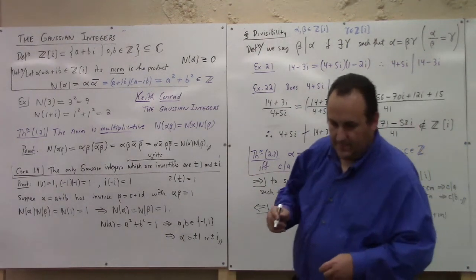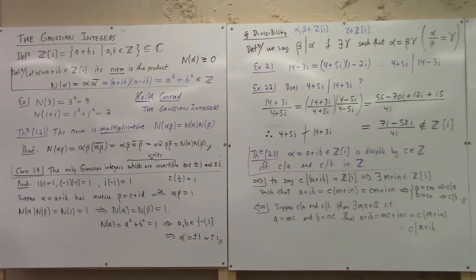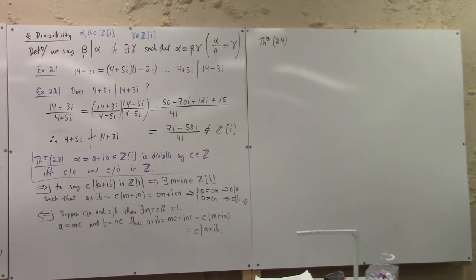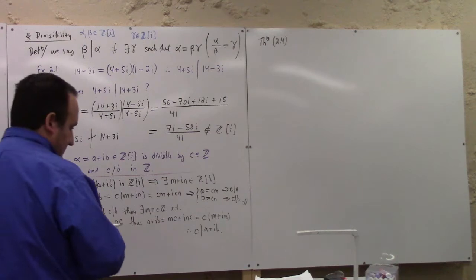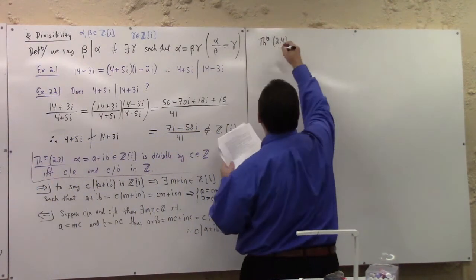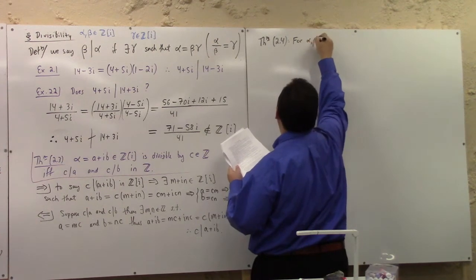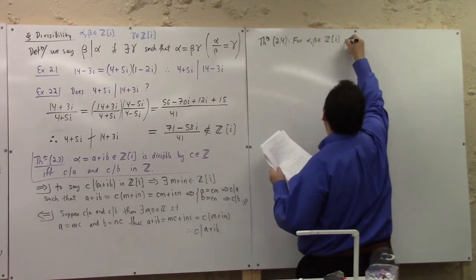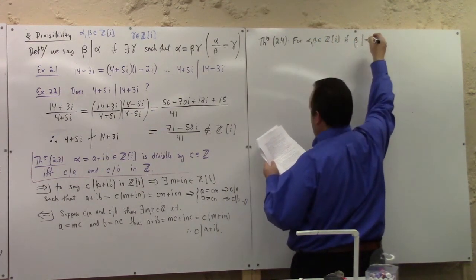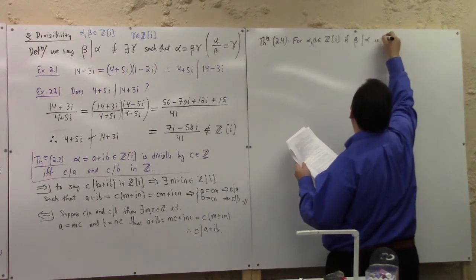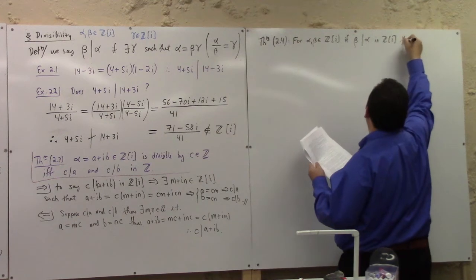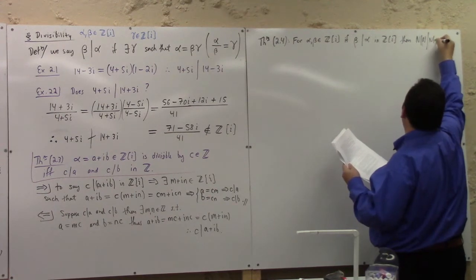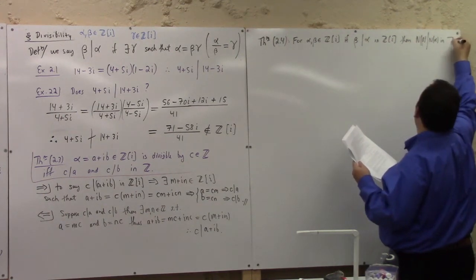For Gaussian integers alpha and beta, if beta divides alpha in Zi, then N, the norm of beta, divides the norm of alpha in Z.